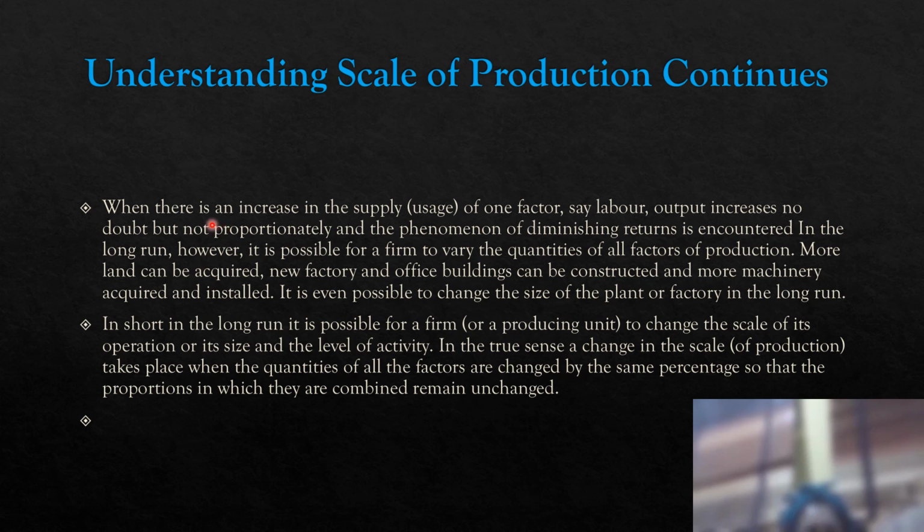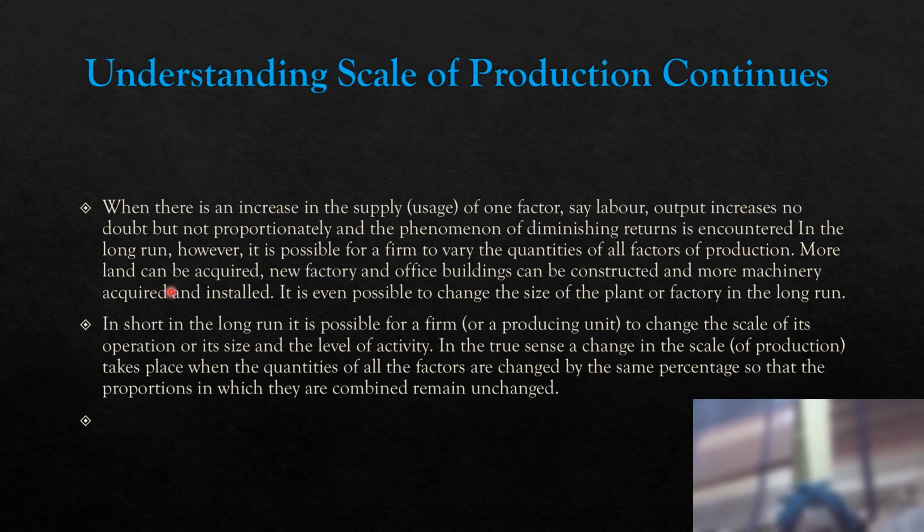still, it says when there is an increase in the usage of one factor, say for instance, labor, output increases. No doubt, but not proportionately. And the phenomenon of diminishing returns is encountered.